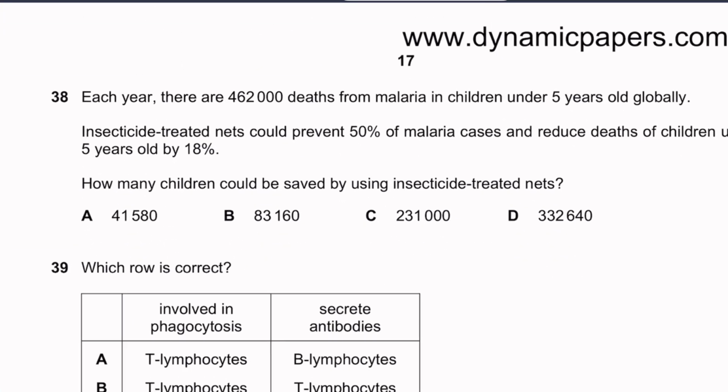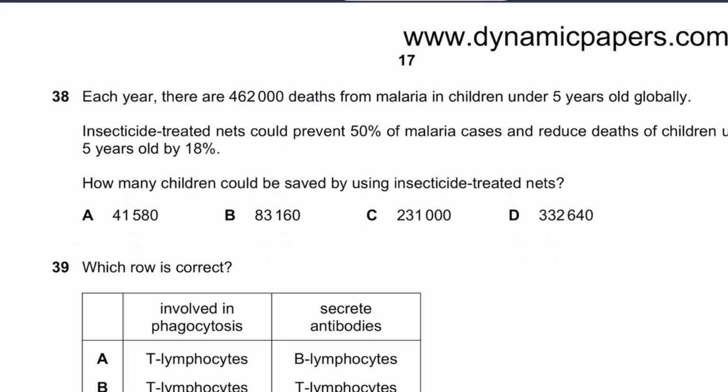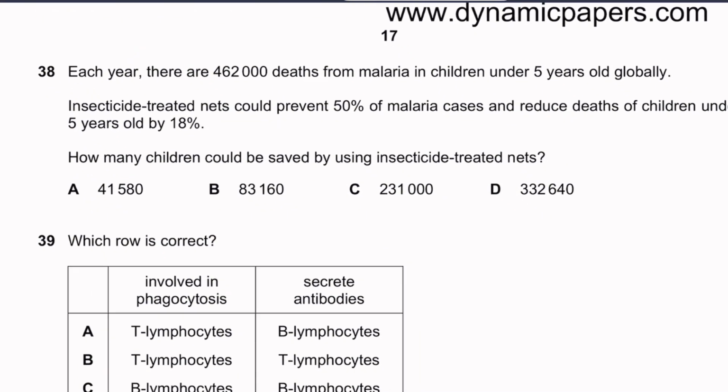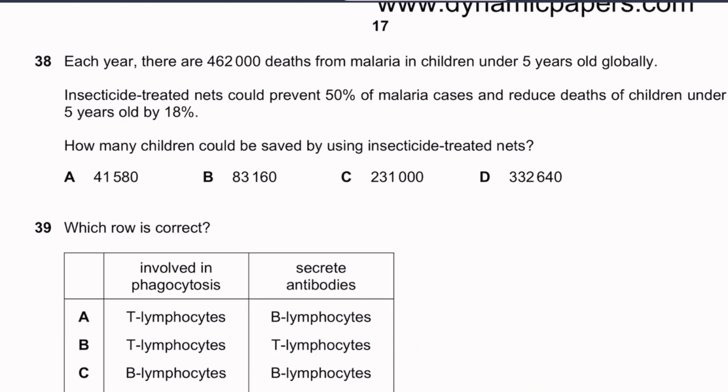Okay, each year there are 462,000 deaths from malaria in children under 5 years old globally. Insecticide-treated nets could prevent 50% of malaria cases and reduce deaths of children under 5 by 18%. How many children could be saved using insecticide-treated nets?